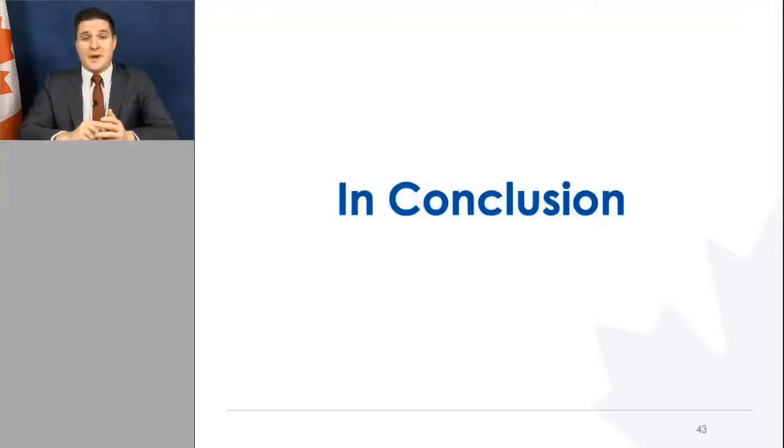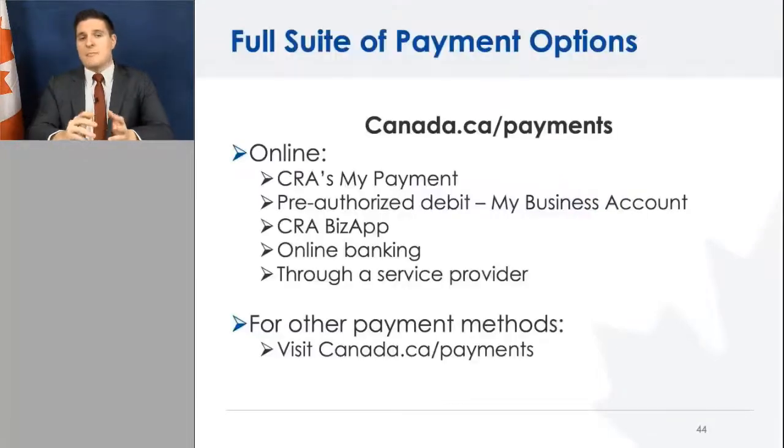As we conclude the main part of our webinar, let's summarize the full list of electronic options available for your business to pay the CRA. Payment options for payroll source deductions. We'll start with the electronic options we've just discussed. First, you can use CRA's My Payment with a debit card.